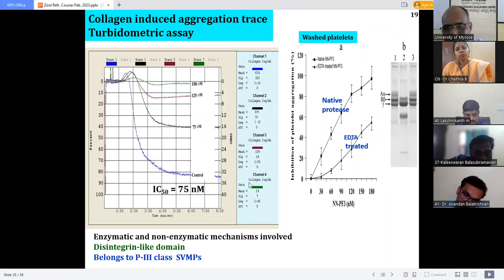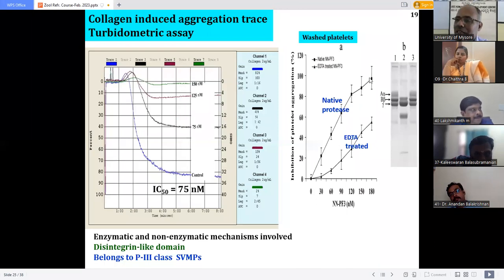And see, we tested our protease, the EDTA treated protease as well as native protease without inhibiting with any agent. If you treat our protease with EDTA, EDTA will knock off the enzymatic activity, is it not? So even if you knock off the enzymatic activity, our protease is showing platelet aggregation inhibition.